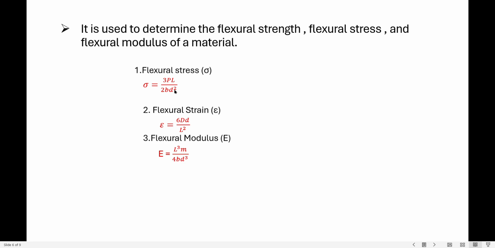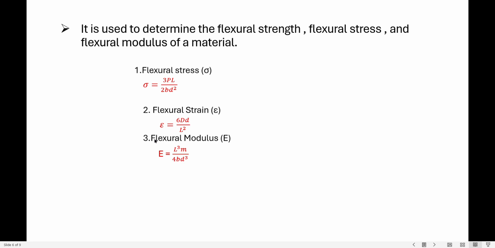And the flexural strain is the deformation per unit length, denoted by the symbol epsilon, where epsilon is equal to 6Dd divided by L square. Here the capital D denotes the deflection at center.